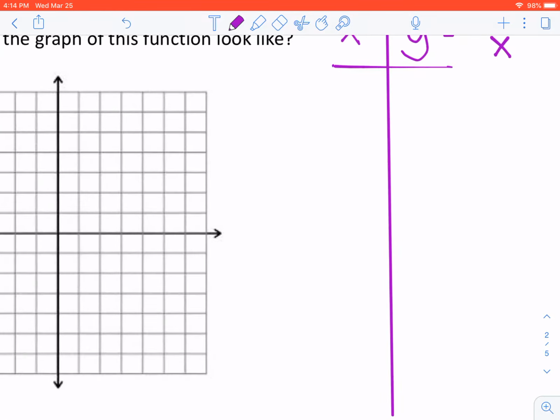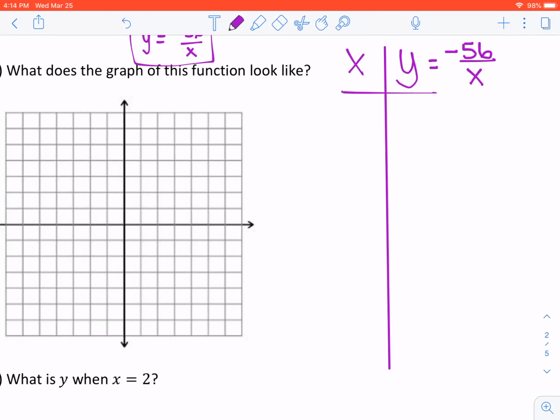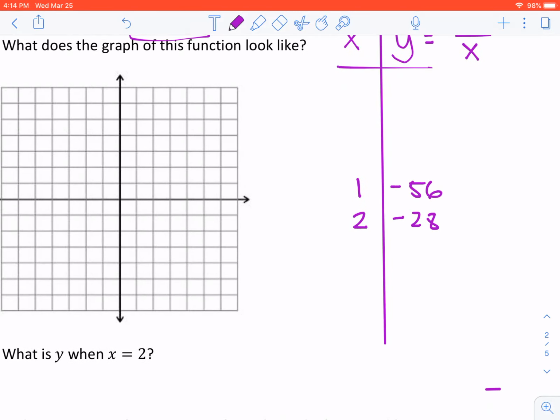So, for instance, the easiest one, 1 divides into negative 56, and we get a negative 56. I could take 2. 2 divides into negative 56, and I get a negative 28. Those are all like numbers, but as you can see, they're very, very big.